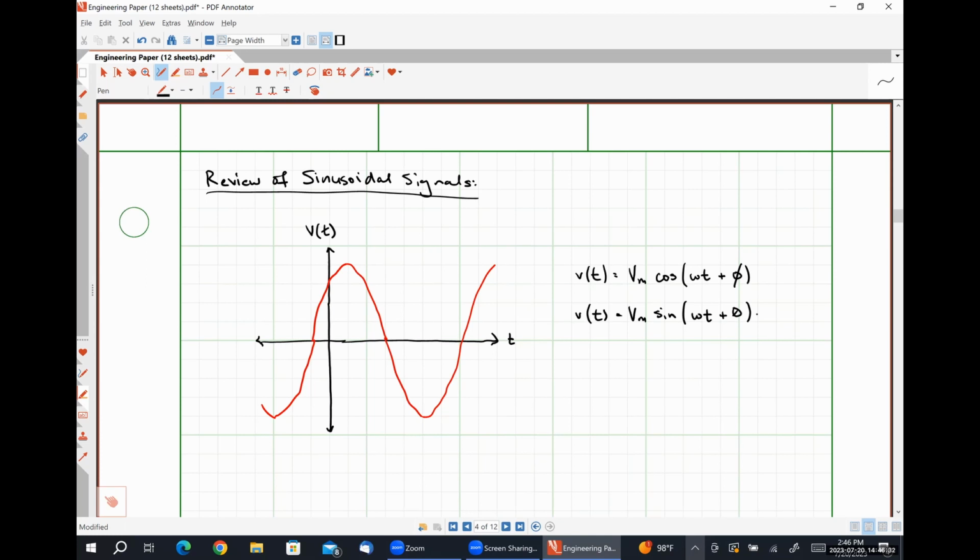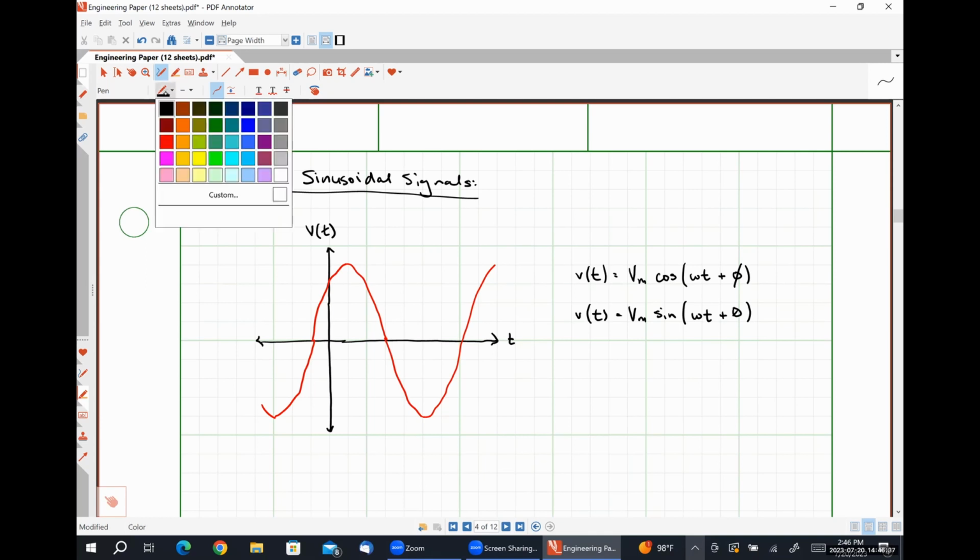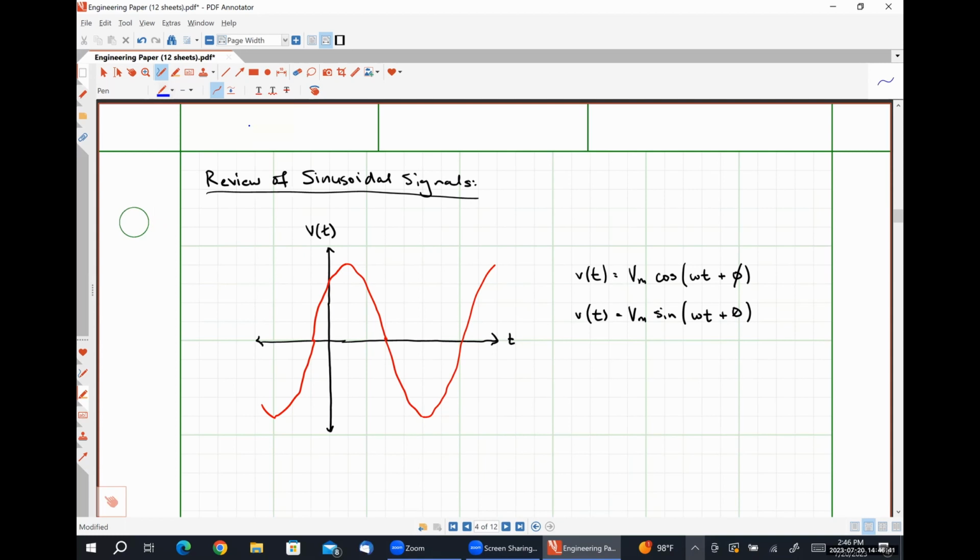So we're going to talk about the different parts of these representations, and for reasons that will become obvious, hopefully next class meeting, we are going to focus primarily on the cosine representation. Uses cosine as its basis.